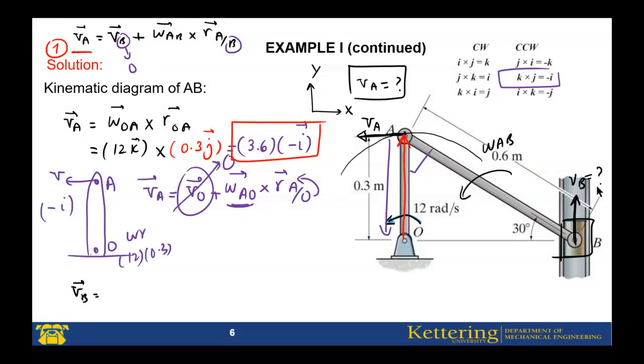J. Easy. It's the VB J. I ask you simple questions. If you like difficult ones, I can also ask. Now, the next one, omega AB.